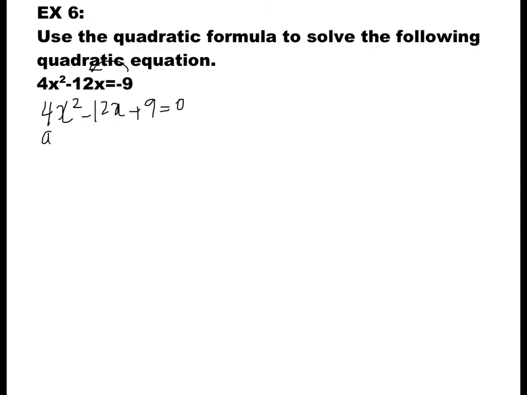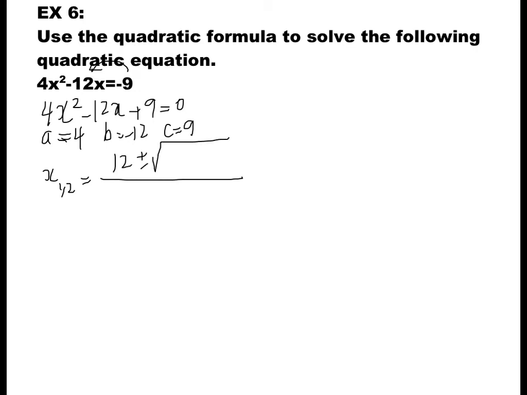Again, a is 4, b is negative 12, and c is equal to 9. So I use the quadratic formula. Minus b is 12, plus or minus square root of b squared, which is 144, minus 4ac, divided by 2a, which is 8.